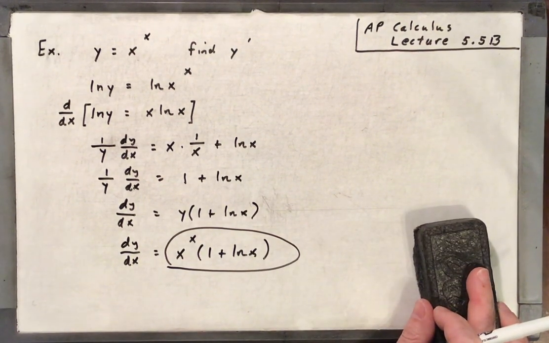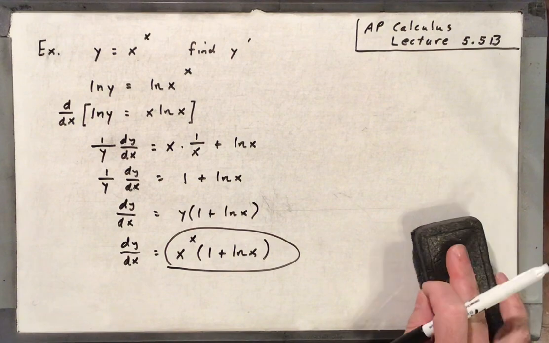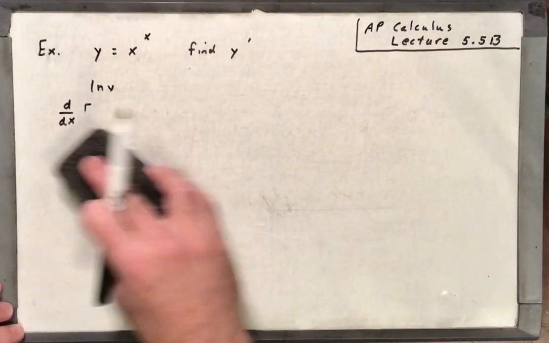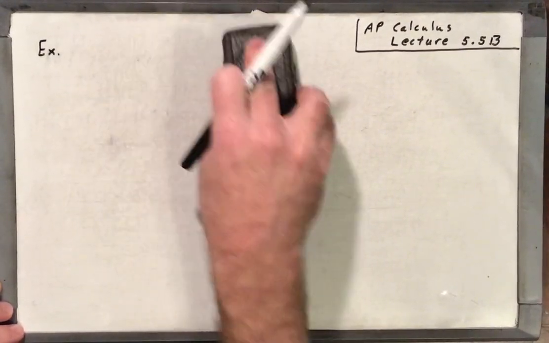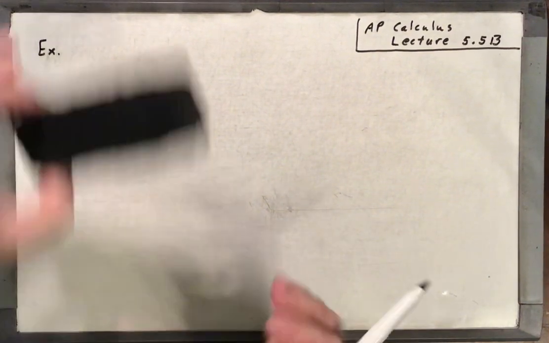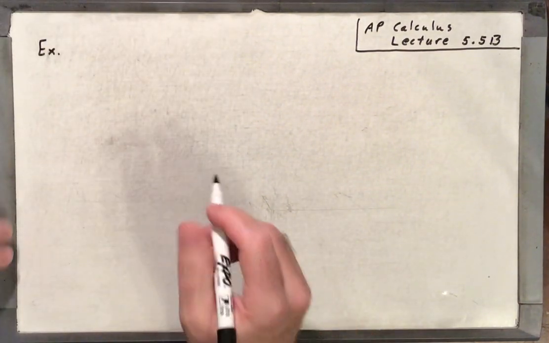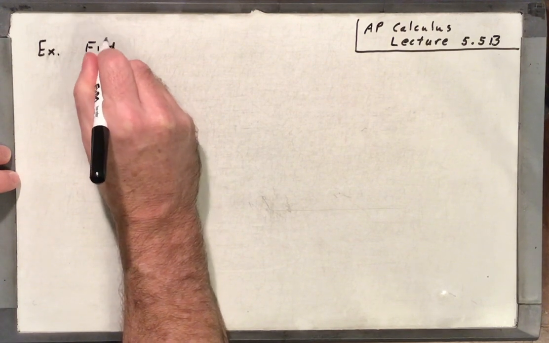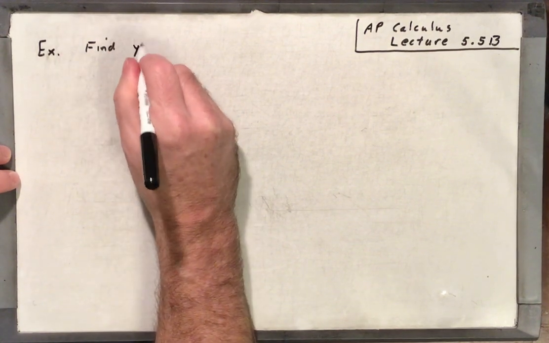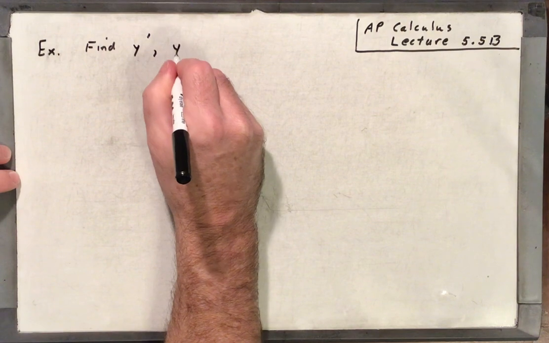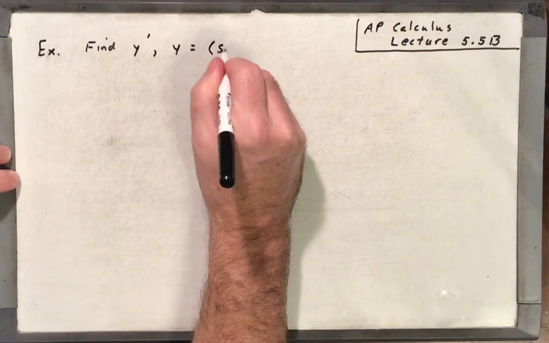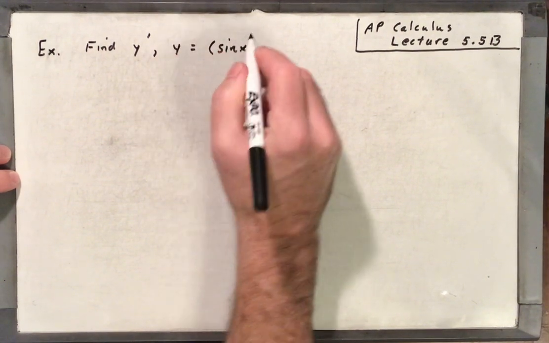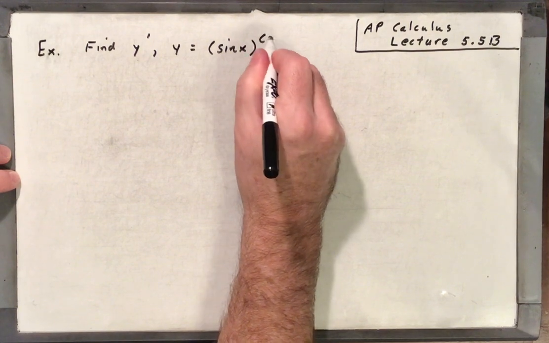All right, pause the video and let's do another one. Okay, our next example is find y prime if y is equal to sine x to the cosine x.